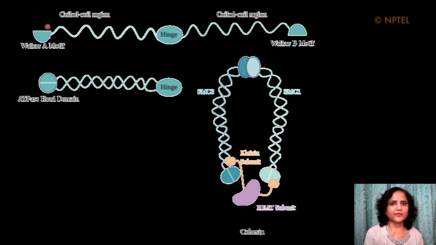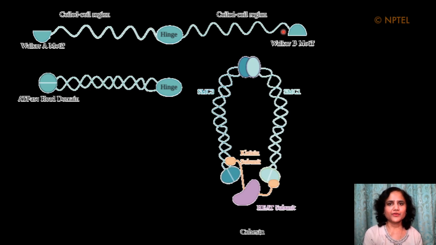Each SMC protein has a hinge region and two coiled regions which connect the hinge to the Walker A and the Walker B motifs. This molecule then folds up upon itself at the hinge, and the two Walker A and Walker B motifs come together and form the head domain that can bind ATP and has ATPase activity.